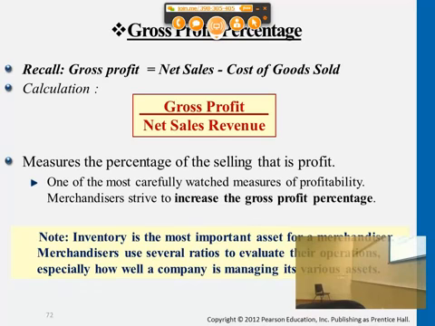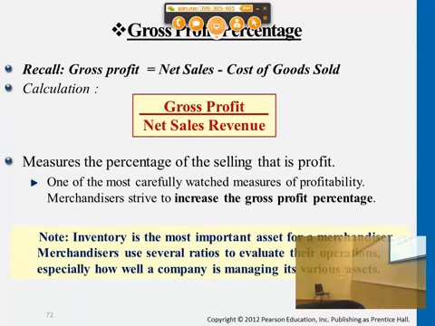Okay, so not in terms of the usage of operating expenses. We're just comparing gross profit, which is the difference between sales and cost of goods sold. Then we divide it by the total net sales revenue. Overall, this will tell us that for every dollar of sales that we make, how much gross profit they're earning from every dollar of sales.